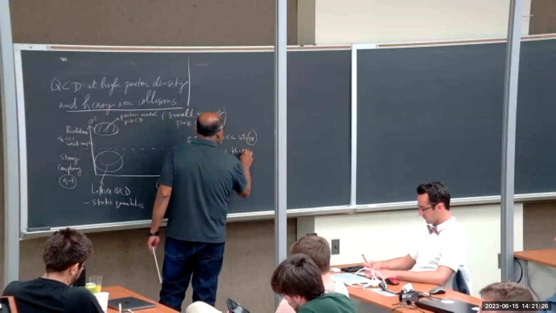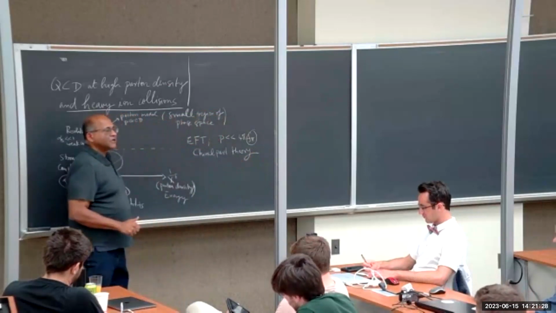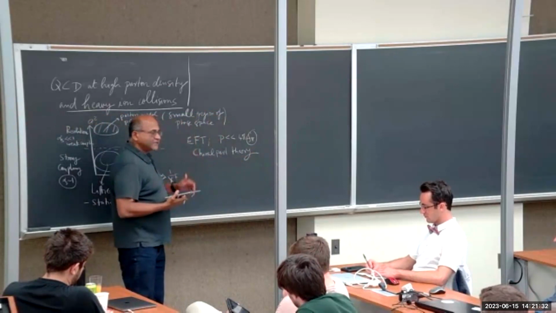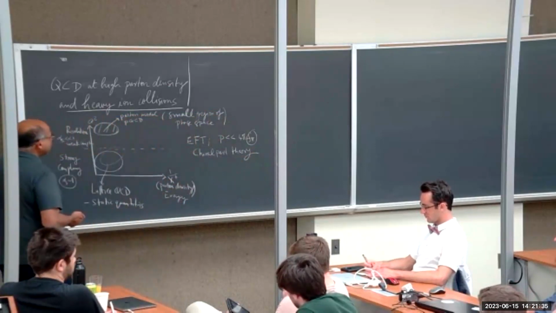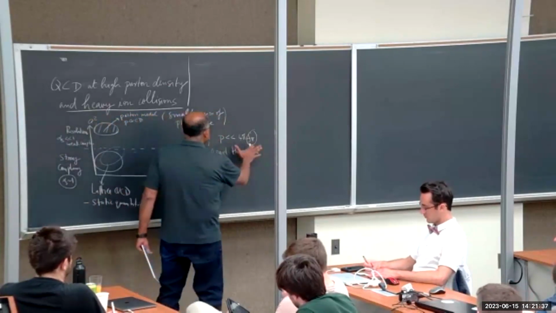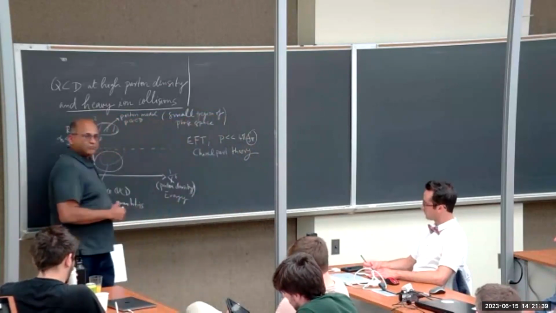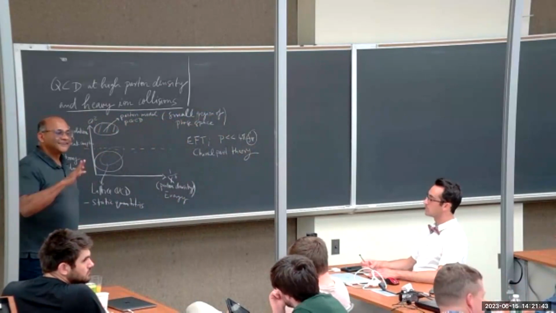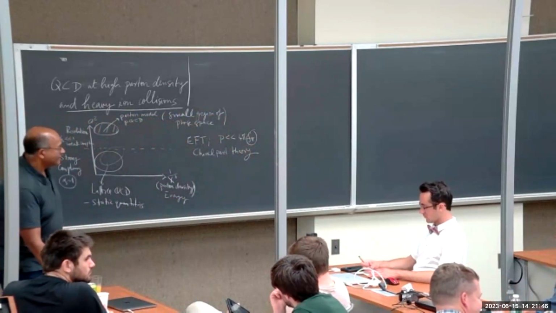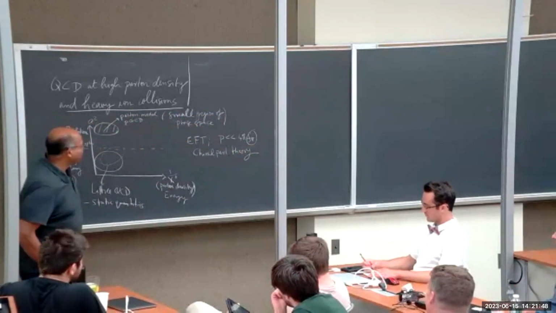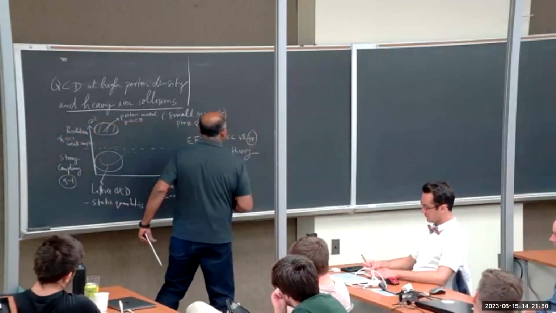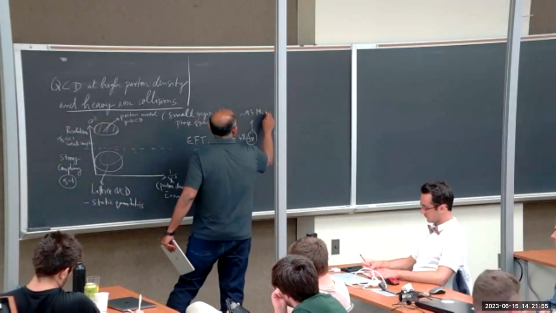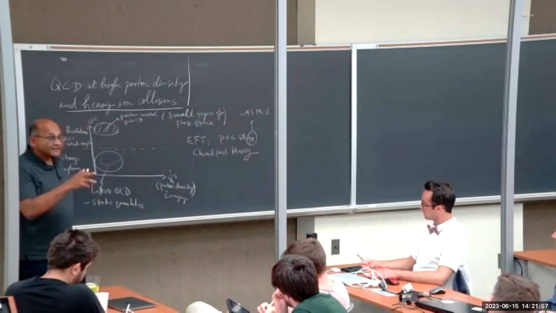It's a highly developed framework, and if Weinberg is to be believed, it is equivalent to QCD at very low momenta. So it's completely equivalent, if we were to compute from first principles. This is f pi, that's the pion decay constant, so this is 93 MeV approximately. So it's a scale of 1 GeV.